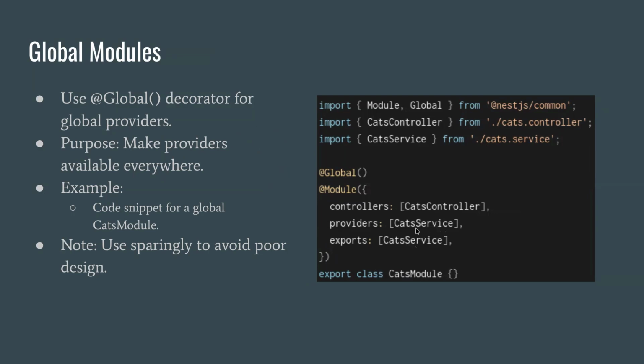It means that you don't need to import it in other modules to use CatsService. But as with programming, it is important to use global modules sparingly in order to maintain good design principles.